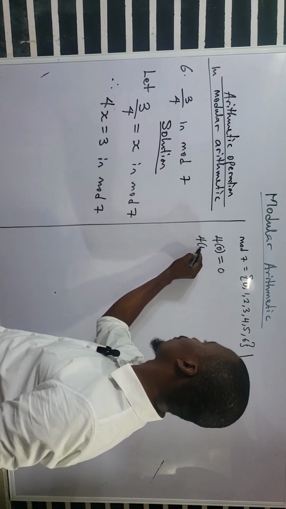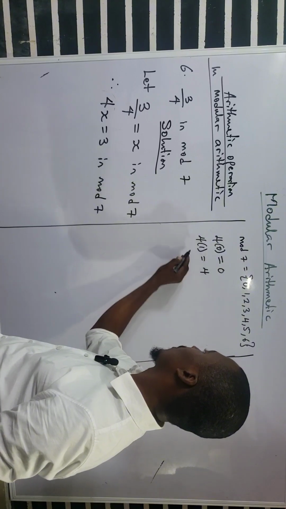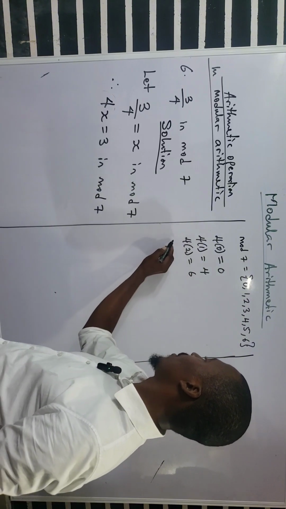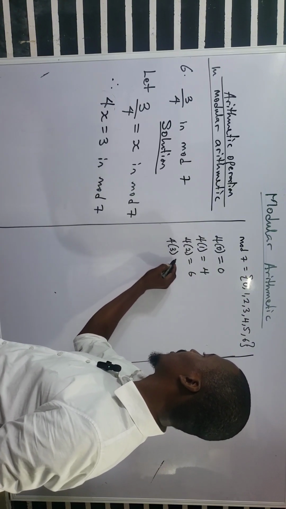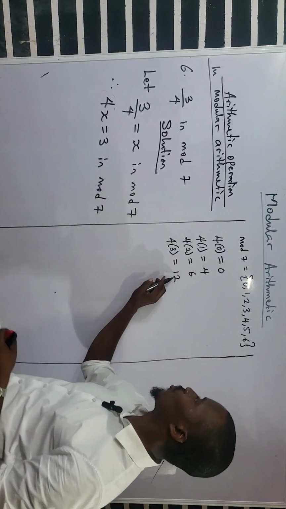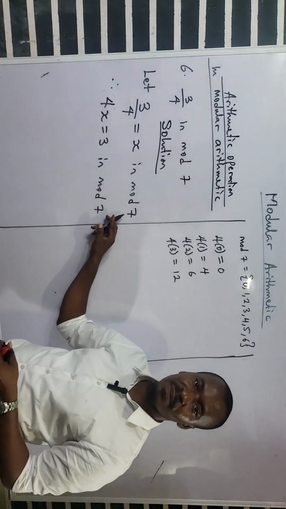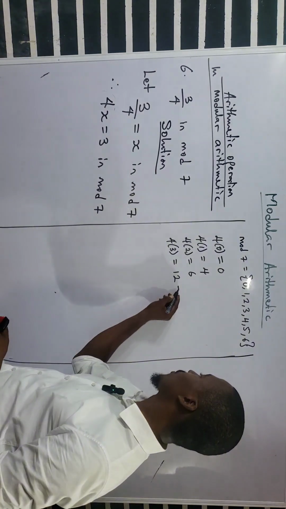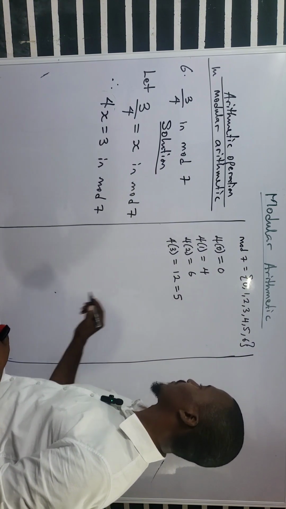4 into 1, that will give us 4. 4 into 2, that will give us 8. 4 into 3, that will give us 12. Now, 12 is higher than our modulo. Okay? So, 12 in modulo 7 will give us what? 5.